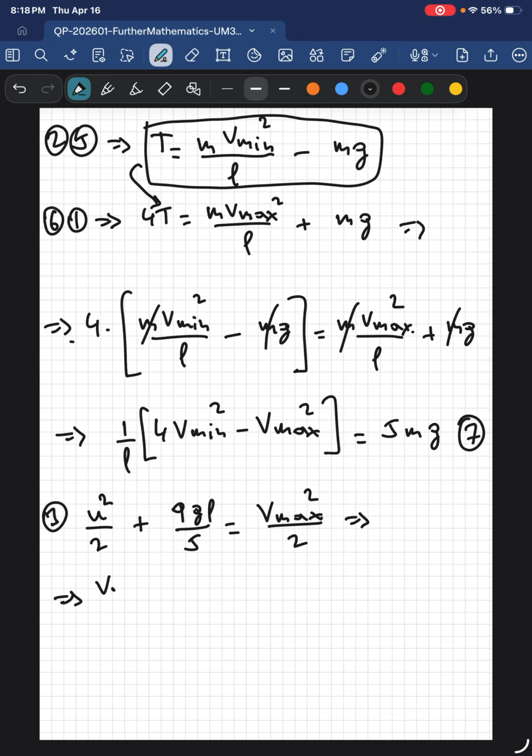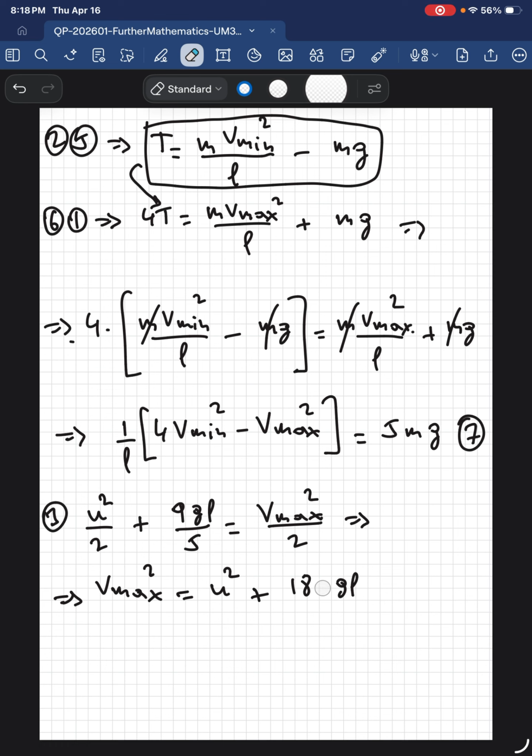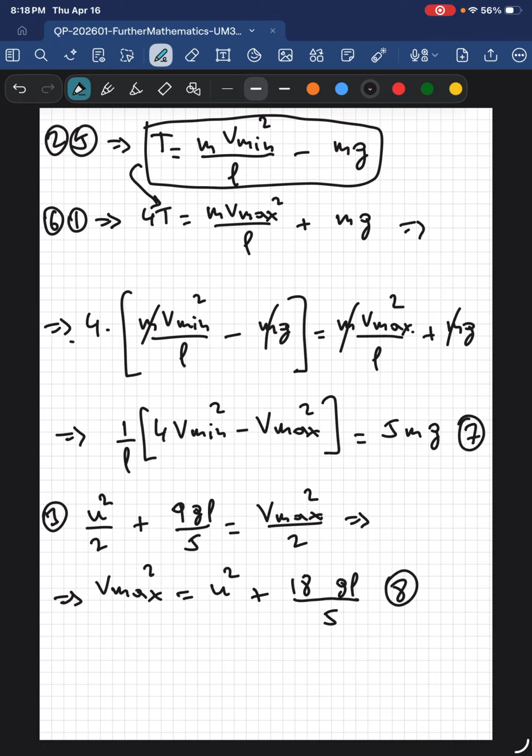Therefore, V max squared is u squared plus 18gL over 5. So this is equation 8.